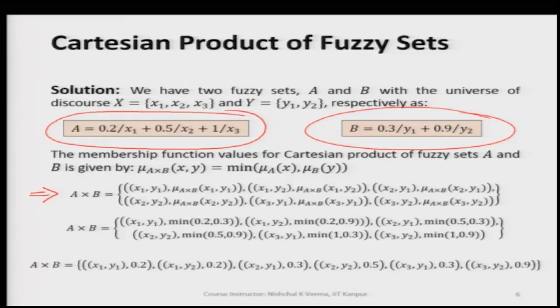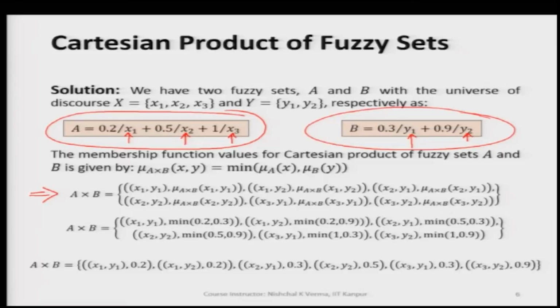What we do here is find all the ordered pairs of A and B elements, the ordered pair generic variable values from A and B. In fuzzy set A we have x1, x2, x3, and in fuzzy set B we have y1, y2.